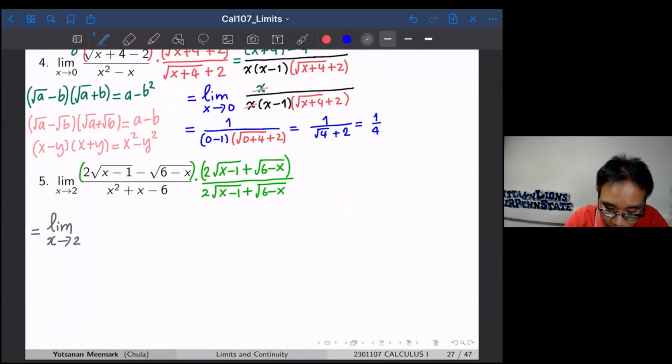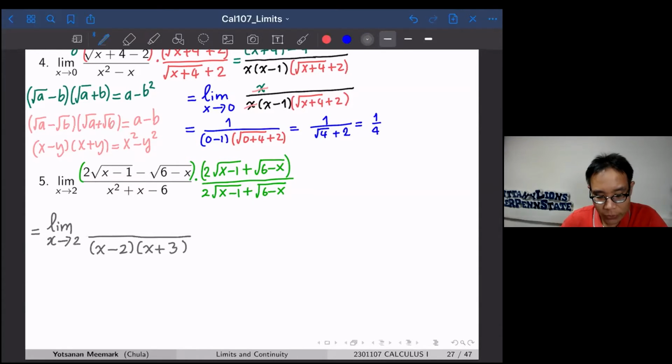So the black guy I'm gonna multiply first, so it's gonna be the bottom guy, so you'll be able to factor this guy. So it's gonna be x minus 2 times x plus 3, right? So it's going to give you negative 6 for the last term. And you're going to multiply this guy and this guy.